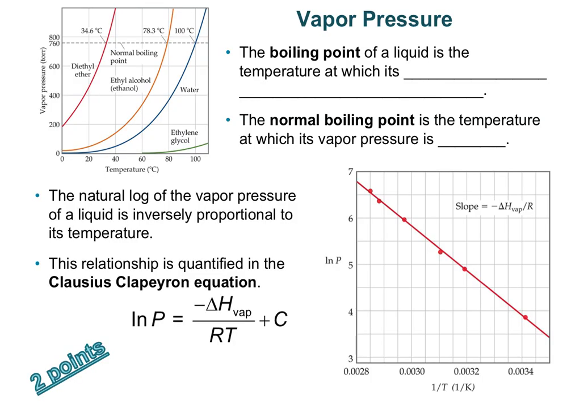So we can use the vapor pressure and relate it to the boiling point. Basically, the boiling point of a liquid is the temperature at which the vapor pressure is equal to the atmospheric pressure.